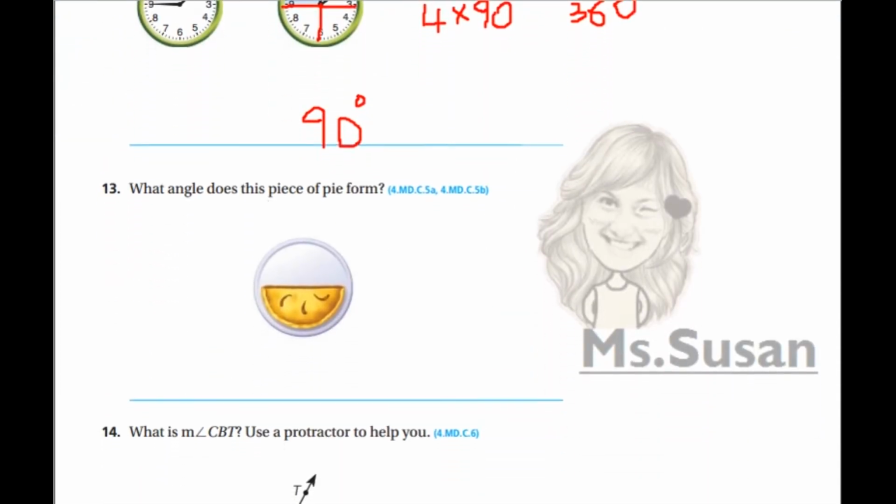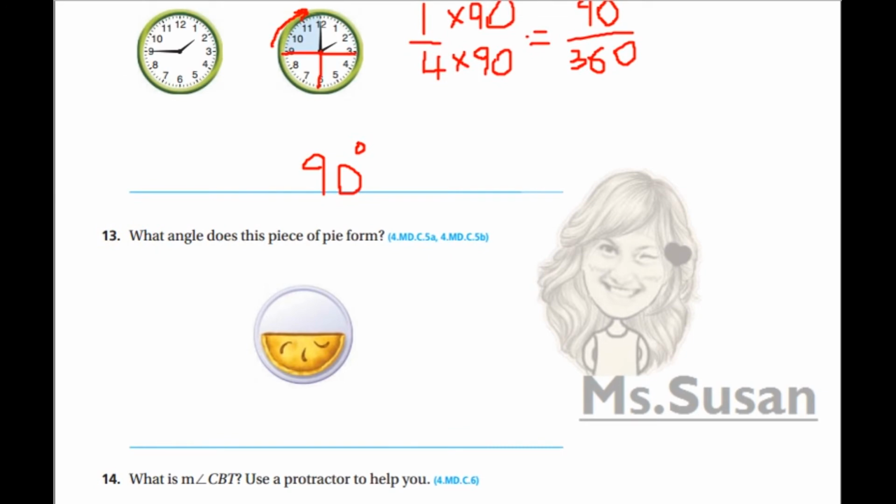Let's go to the second one. What angle, he wants the name of the angle, does this piece of pie form? So this piece of pie is half of the circle. And what is this angle that I draw? This line looks like a straight line, right?